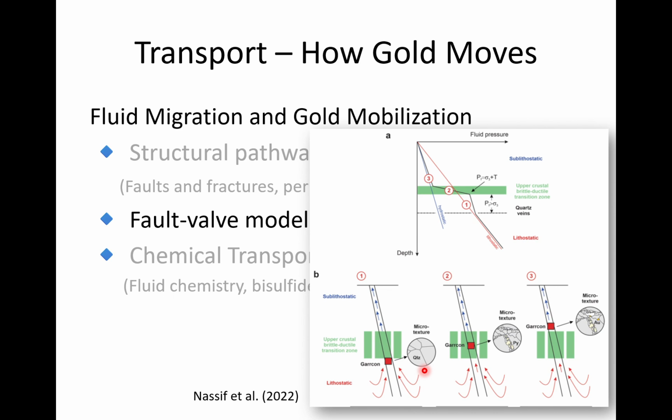So metamorphic fluids accumulate beneath the low-permeability barrier, and rupture opens extensional fractures in the fault-fracture mesh, and carbon dioxide and water fluids separate, and gold solubility drops.